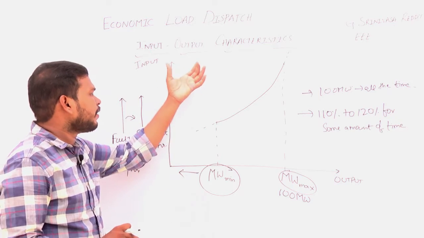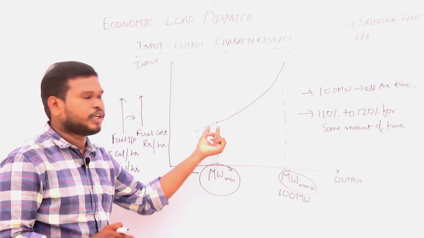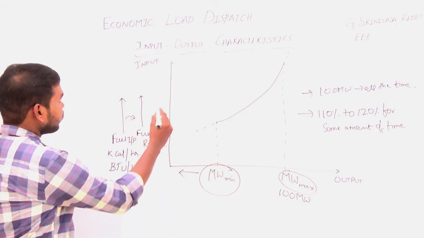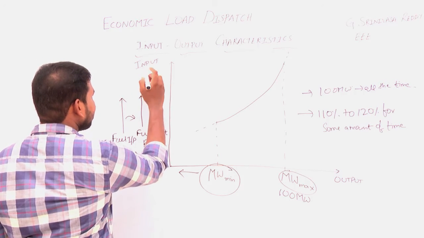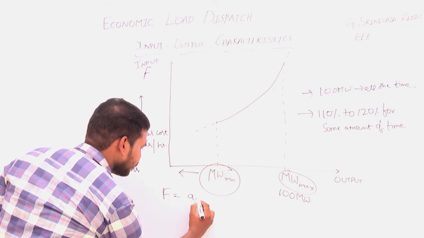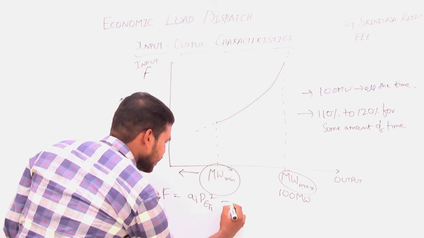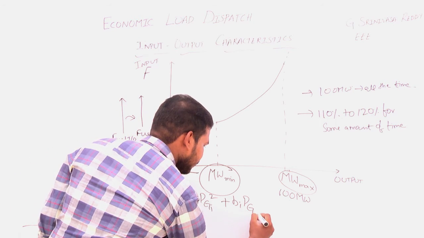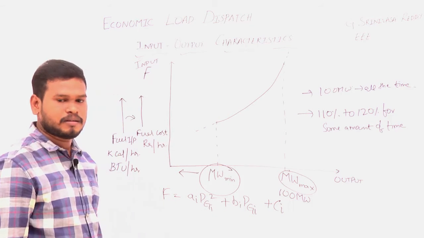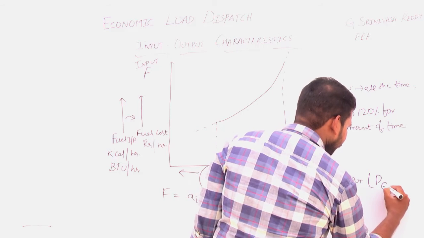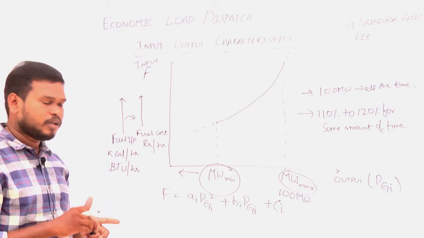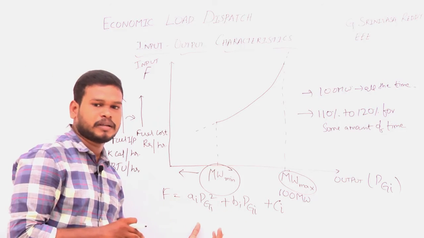If you try to write an equation for this curve, consider fuel input as F. Then you can write F as AI PGI square plus BI PGI plus CI, whereas the output is PGI and the input is F. This is a simple curve fitting technique.